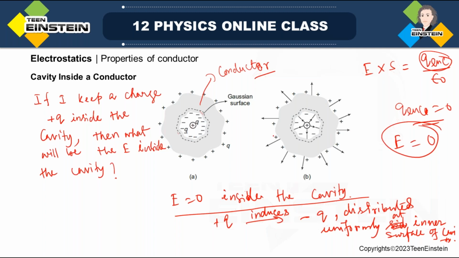Now one more point I would like to say. How does this positive charge come outside? This was initially neutral.